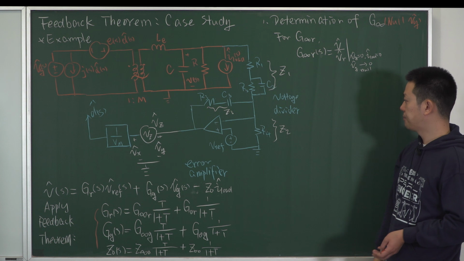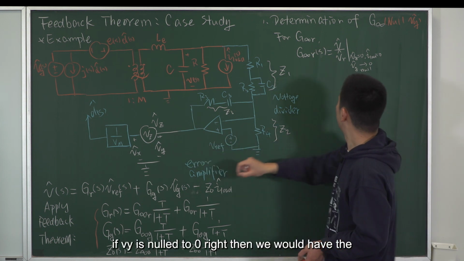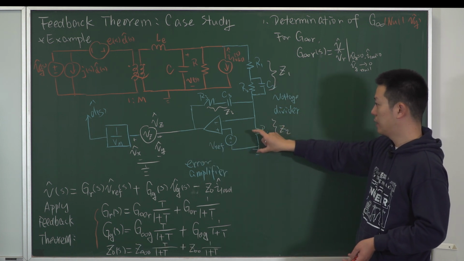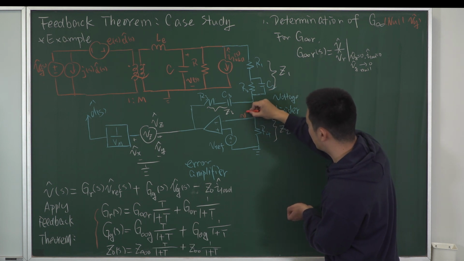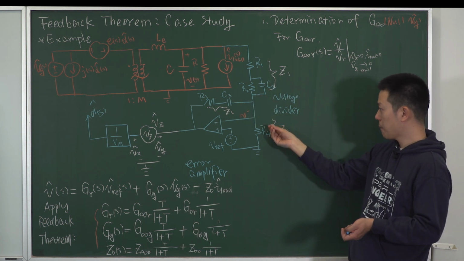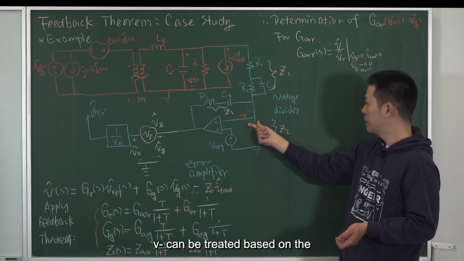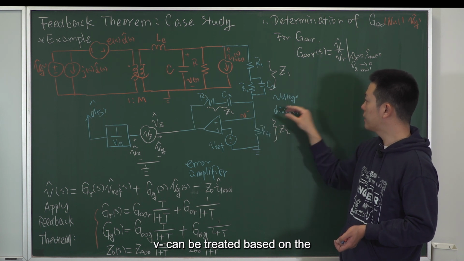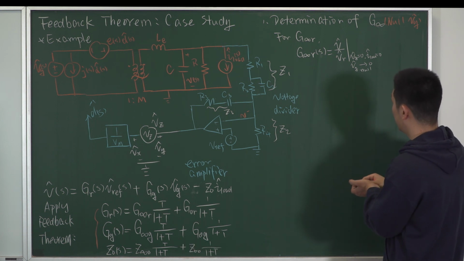So basically, since Vy is not 0, denote the signal here as V minus. V minus can be treated based on the voltage divider principle.